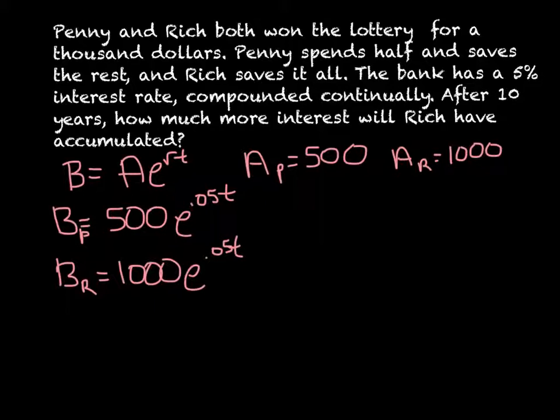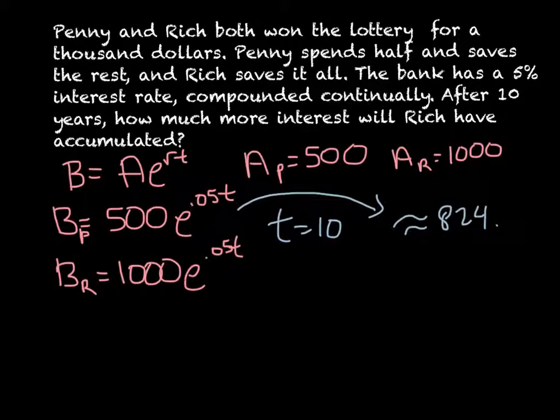At this point, if we plug in t equals 10, then what we get is that Penny's balance is about $824.50, and Rich's balance is about $1,649.